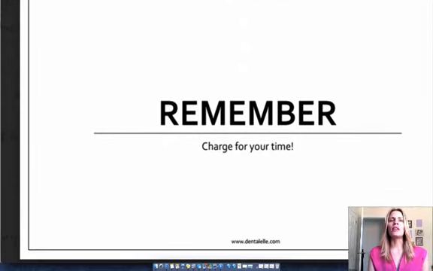Okay, this is important, and this may be tricky to do. Knowing how much to charge for the appointment is tricky for a new hygienist. You don't typically have to put anything in the computer and sign them out, but you do have to put in your chart how much time you spent on polishing, how much time you spent on scaling, things like that.